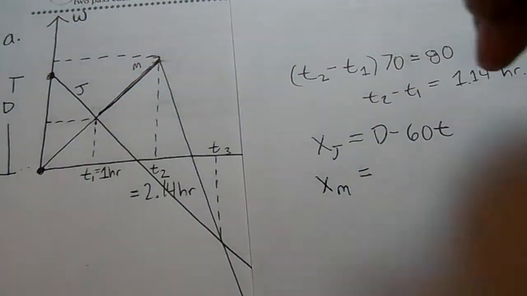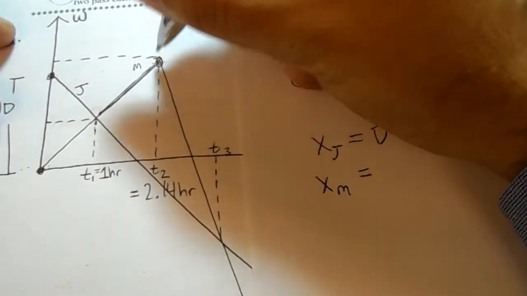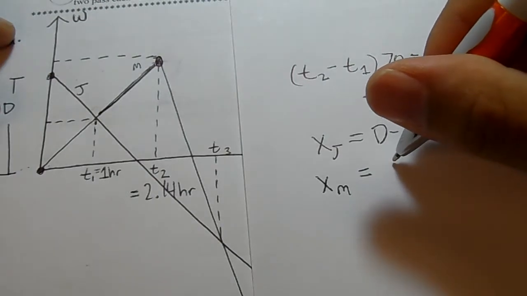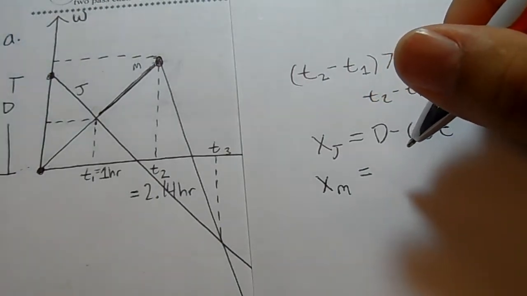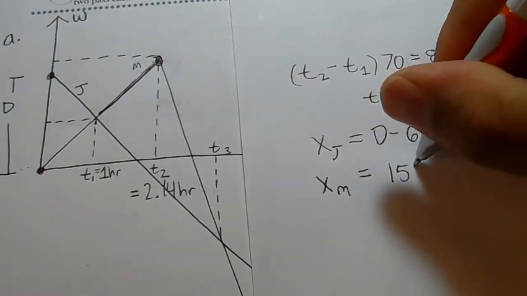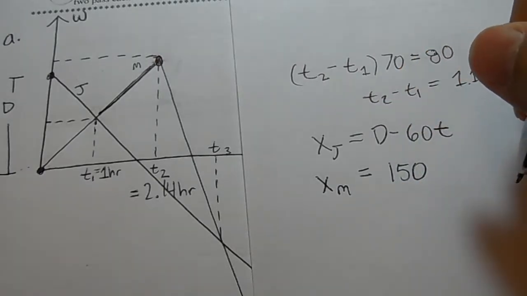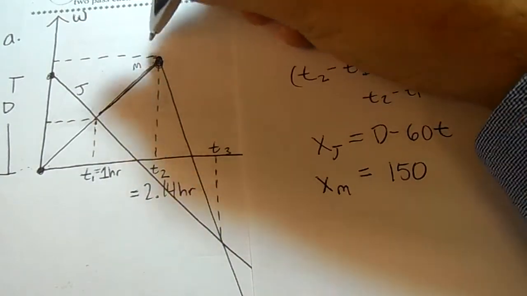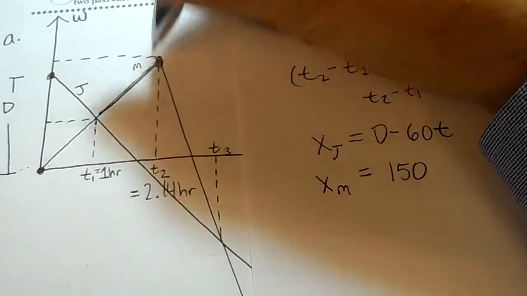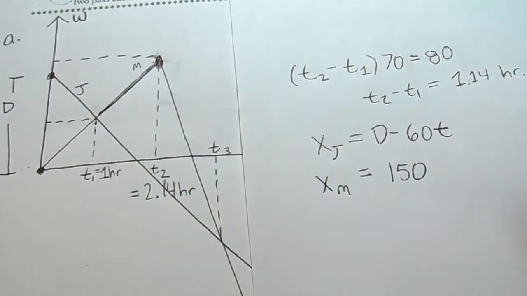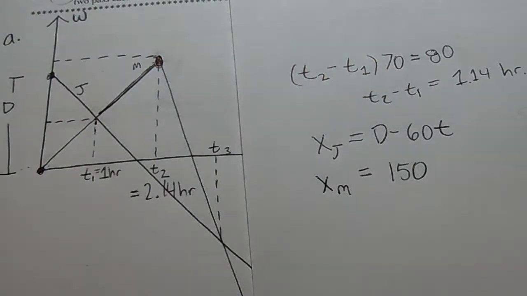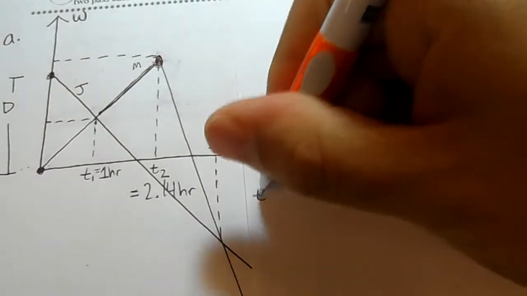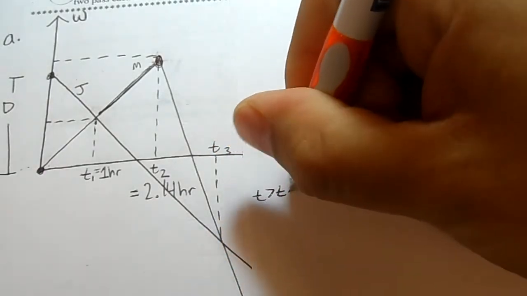So therefore, the position that she reaches at this point is going to be 80 plus 70, or 150 miles. So she starts, quote unquote, from the point of view of the motion that we're going to consider after T2. So this equation I'm going to write down is only valid for t greater than T2.